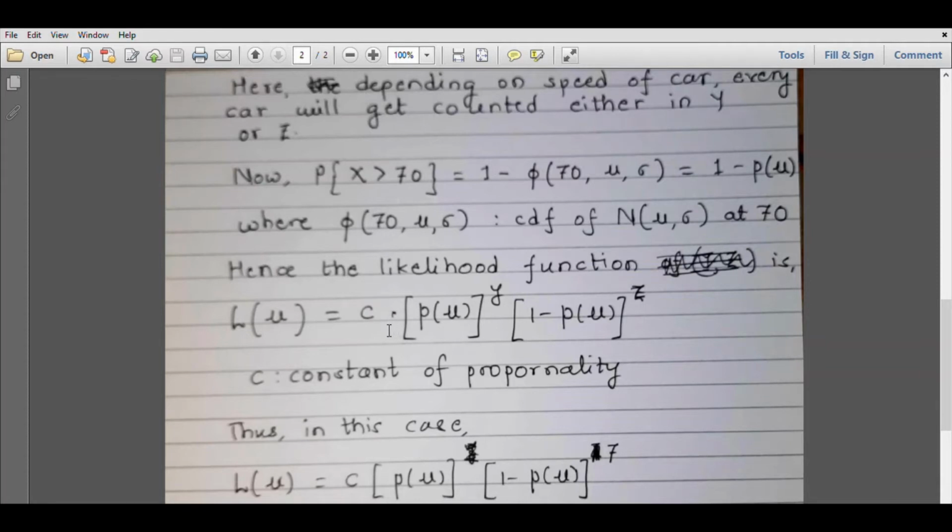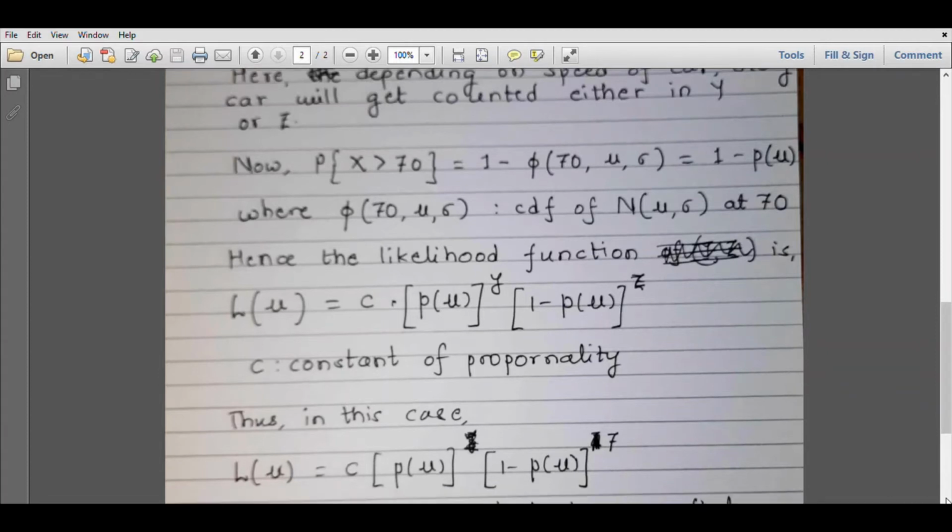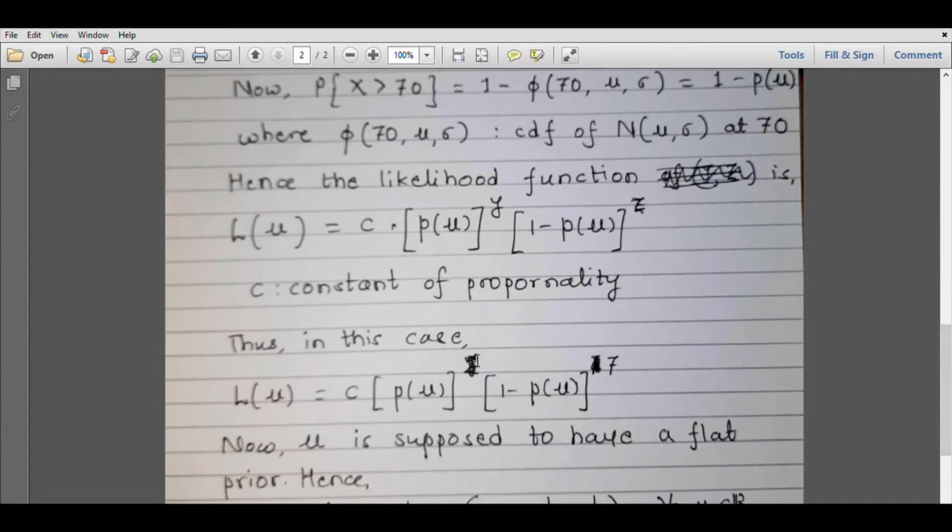The constant of proportionality will be simply y plus z choose y, which I am writing as c. Thus, since y equal to 1 and z equal to 17 is given, we get the likelihood function, which is nothing but the probability distribution of the data, as simply p(mu) raised to 1 into 1 minus p(mu) raised to 17.